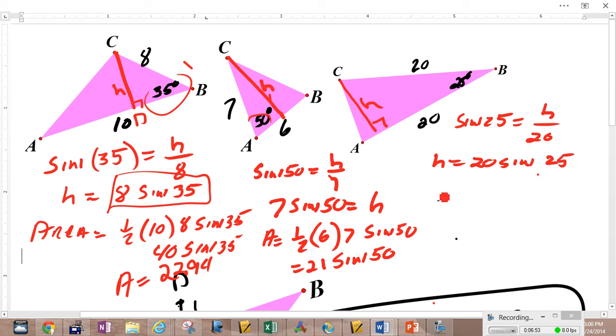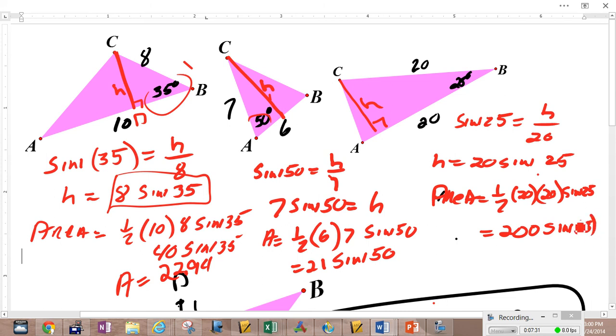So that now my area is going to equal 1/2 the height, which is 20 sine of 25, times the base, which is 20, so it's 20 for the base times 20 the sine of 25. Okay, so maybe you've got it. It's now going to equal 1/2 of 20, which is 10, so it's going to be 200 the sine of 25. So any guesses what it's going to be?